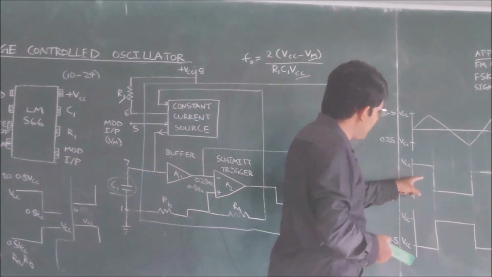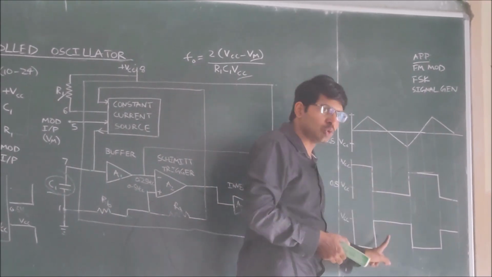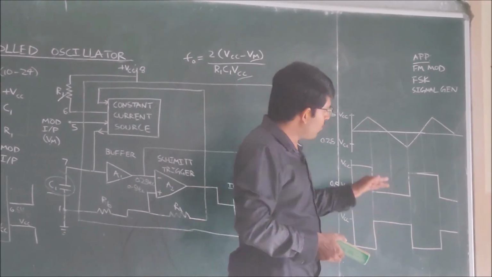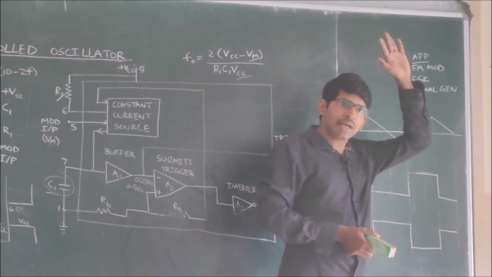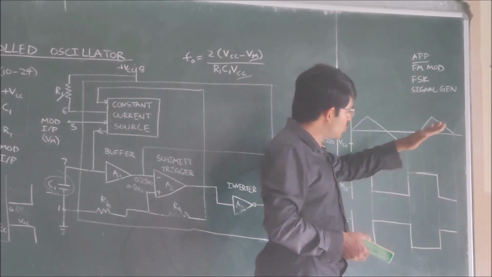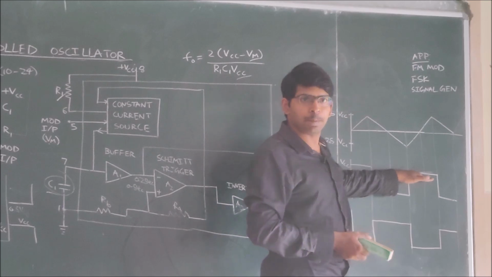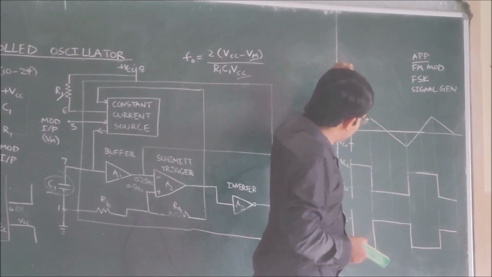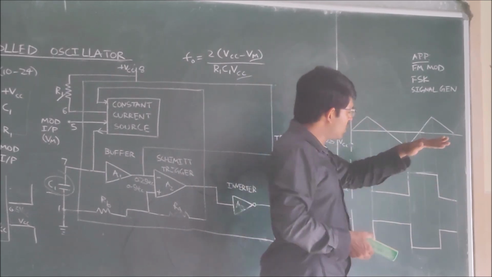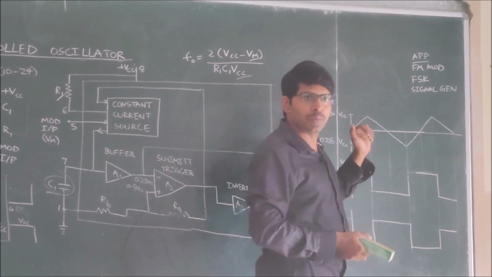So this can be observed by using this graph. When the capacitor voltage is rising, the Schmitt trigger output will be high. When the capacitor is discharging, the Schmitt trigger output will be low.